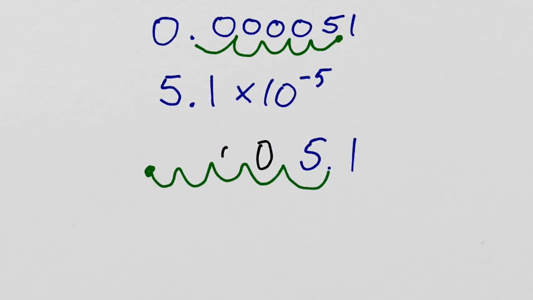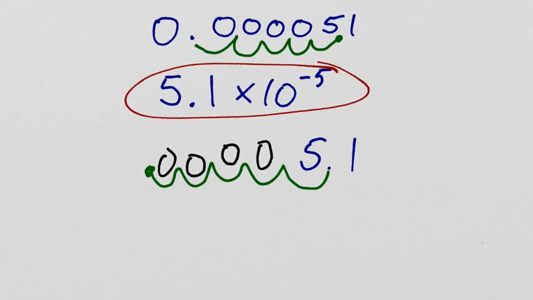So that means we have 5 jumps, and we're back to where we started. As you can see, writing it like 5.1 times 10 to the negative 5th actually makes it easier to look at. So that is the gist of how scientific notation works. In the next video, we'll look at some examples.